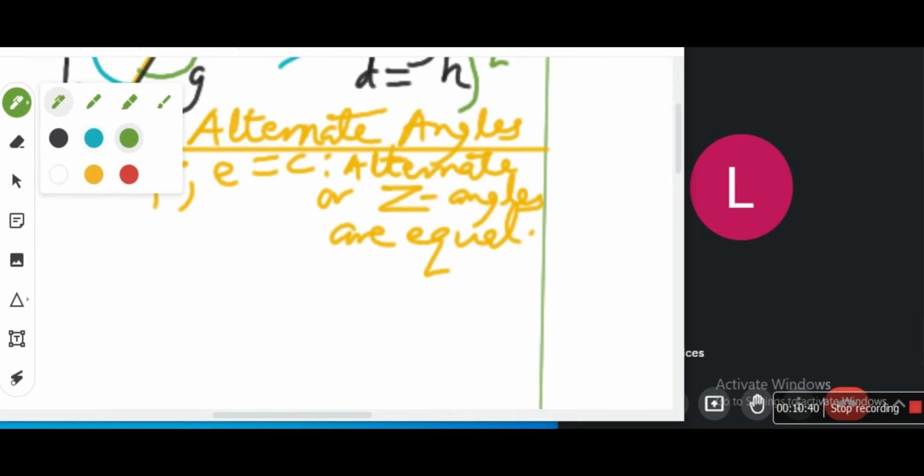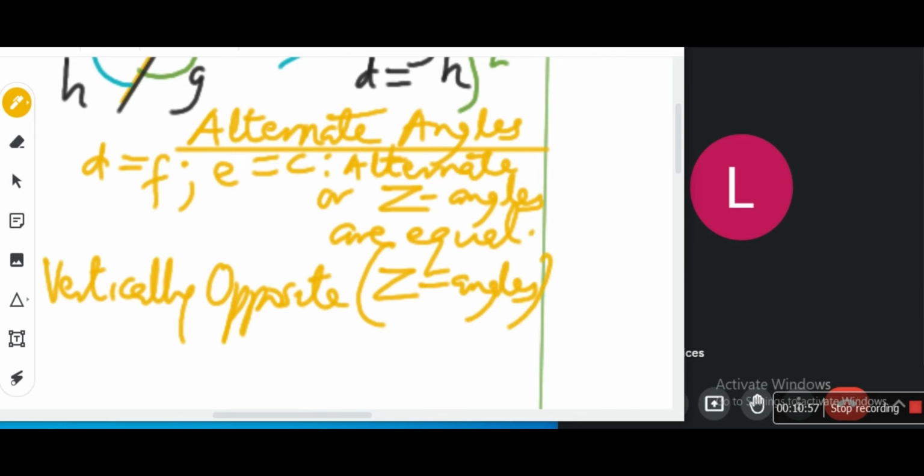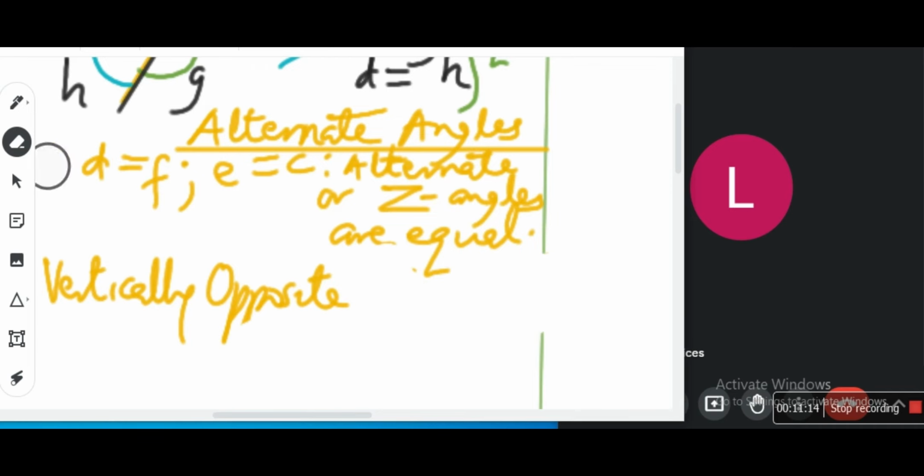For X angles or vertically opposite angles, that's what is generally called vertically opposite angles, they sum up to 180. Vertically opposite angles are equal.